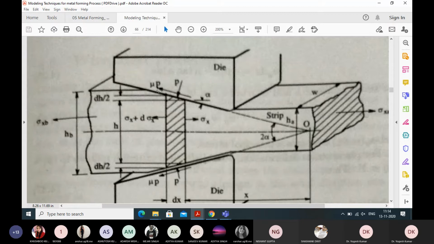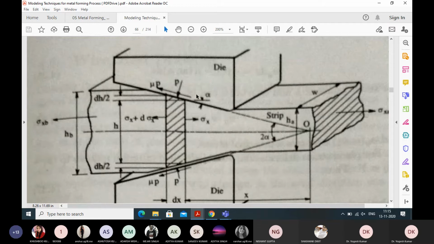Similarly, on this area there is the frictional force mu P, which will also work on the area dx upon cos alpha into w.